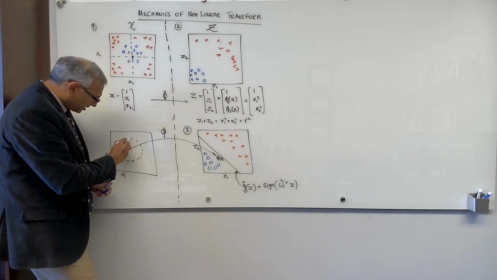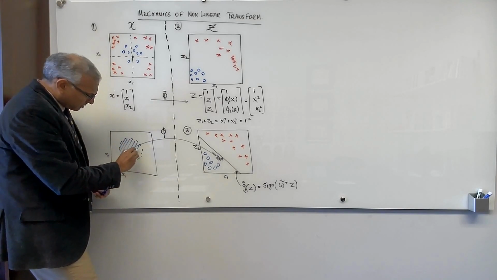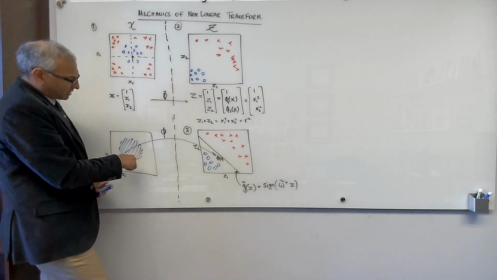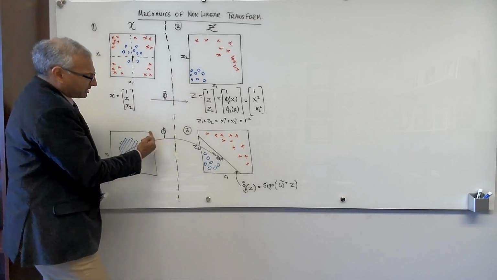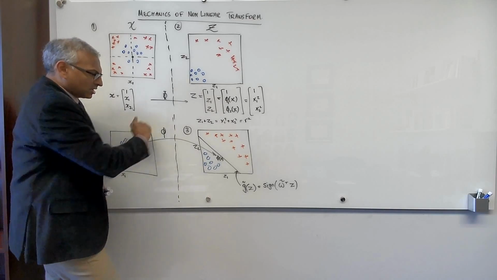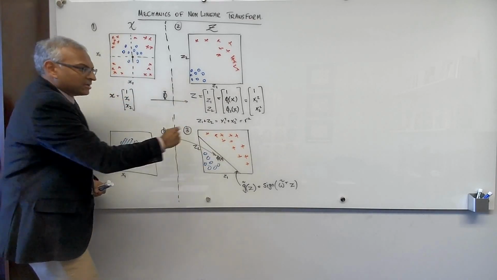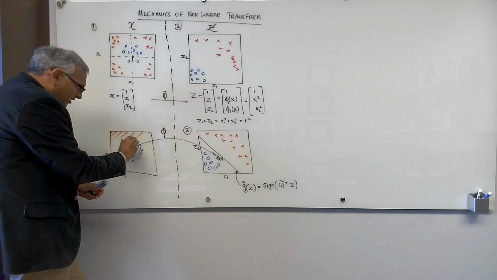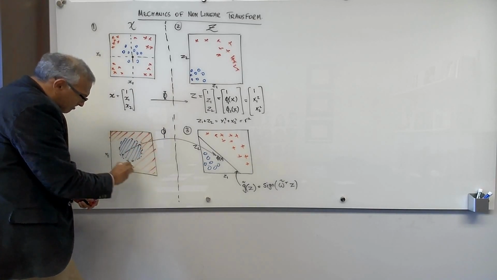So this entire region will ultimately get classified as +1, and anything outside that region, when you implement this nonlinear transform, will be pumped into the red region and be classified as red. And so, this region will be classified as red.